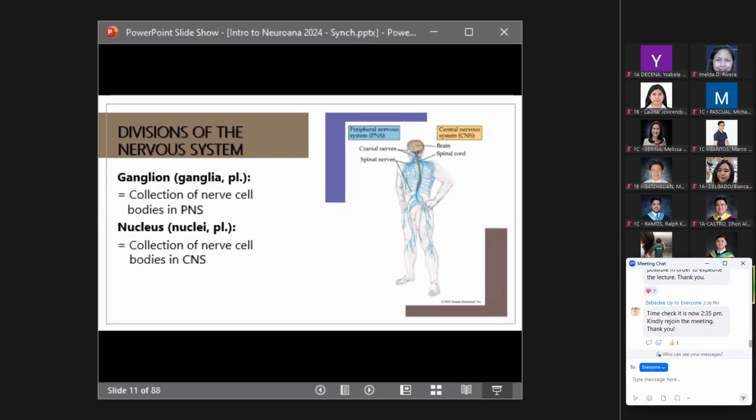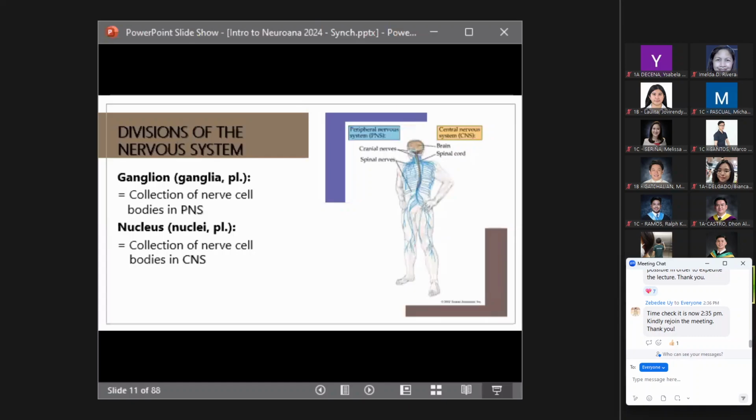Which you would have seen in the gross lab, like when we were in the head and neck. You have seen the trigeminal ganglion near the jaw, and along the spinal column you have the sympathetic ganglia, the sympathetic trunk. And then of course the dorsal root ganglion.